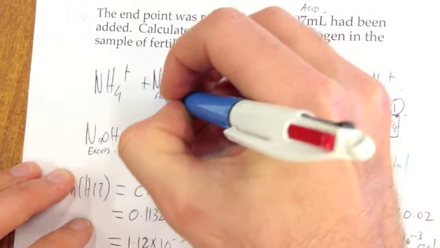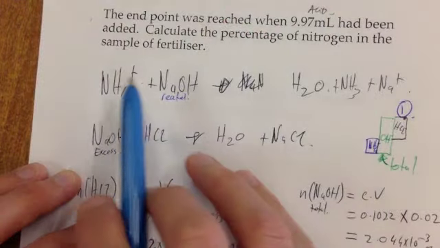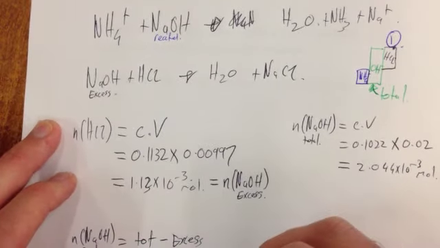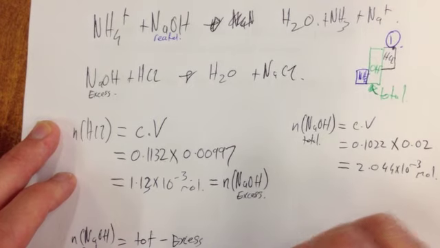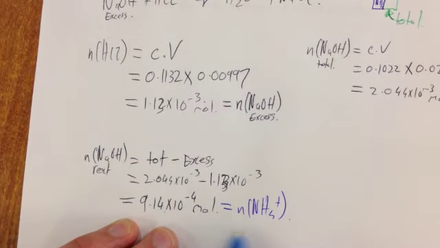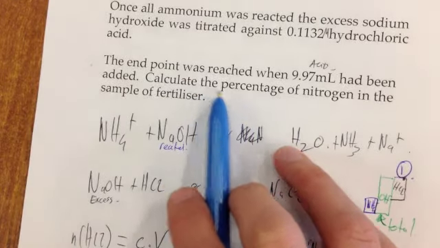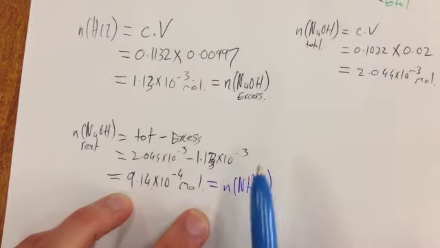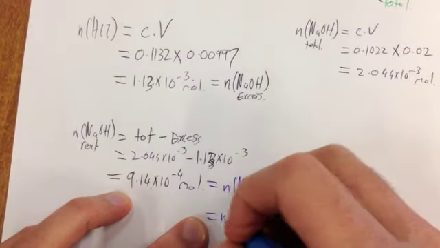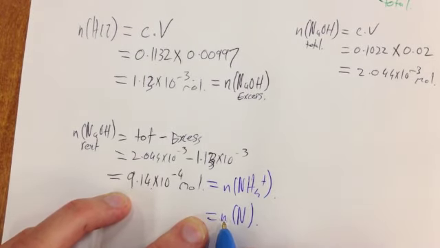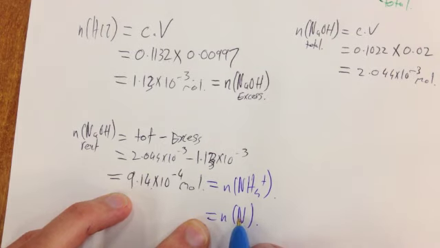So I'll put reacted here. We have a 1-to-1 ratio between the sodium hydroxide and the ammonia, so this will be equal to the number of moles of ammonia. Therefore, we want to know the percentage of nitrogen in the sample of fertilizer. This is also equal to the number of moles of nitrogen because we have one nitrogen in every ammonia, which means we have this much nitrogen.